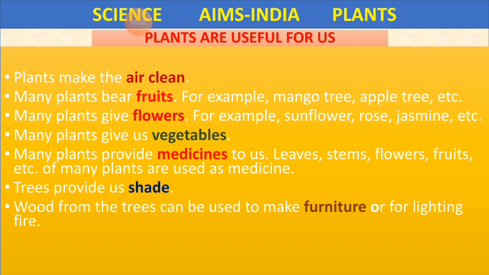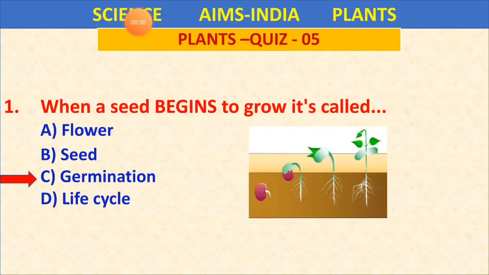We also use it for lighting fire, for cooking. We just get sticks and wood, and then we light the fire. So we have so many advantages of plants. Clear, children?